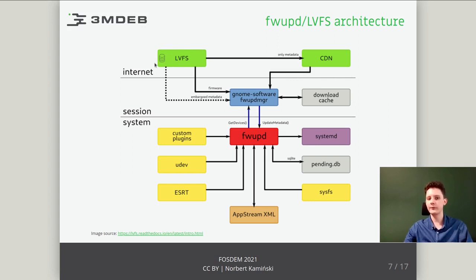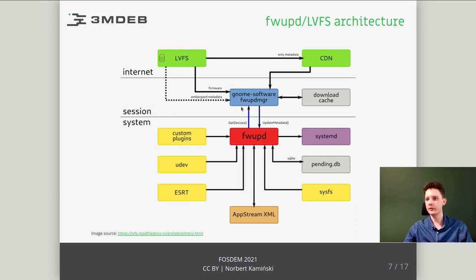Metadata contains information about possible updates that could be downloaded by the session layer. Metadata is delivered by the content delivery network, and firmware is delivered directly to the session layer.